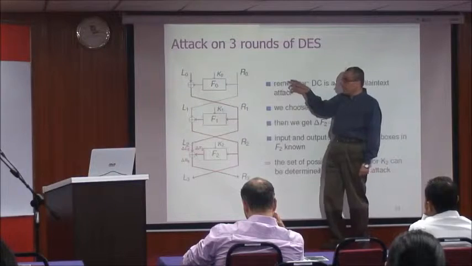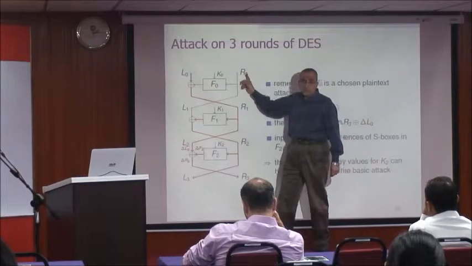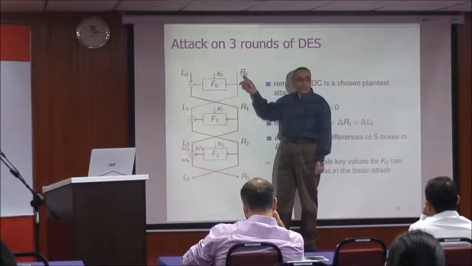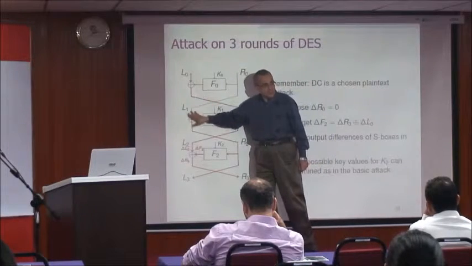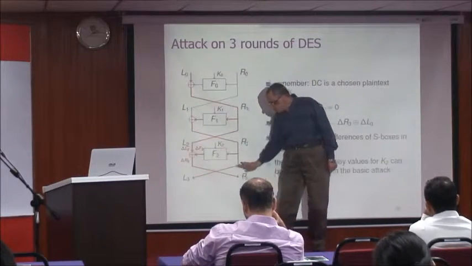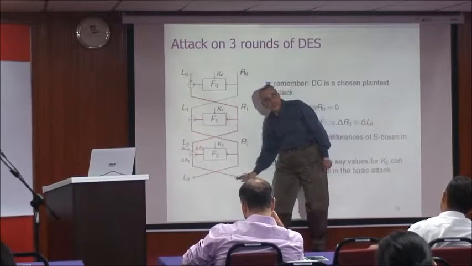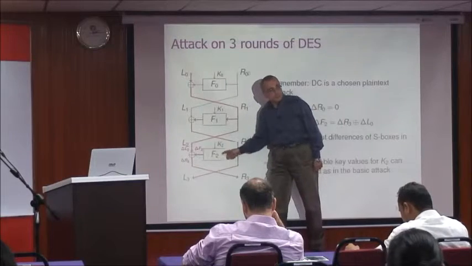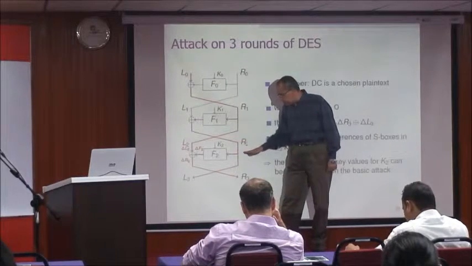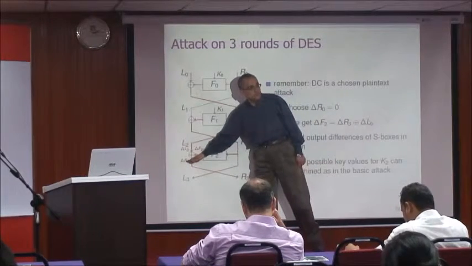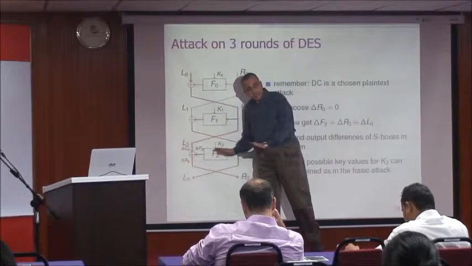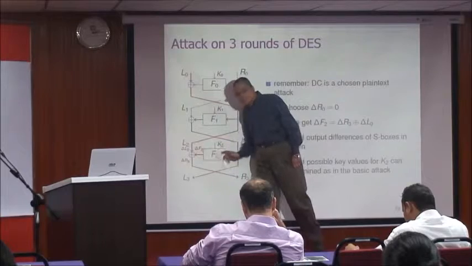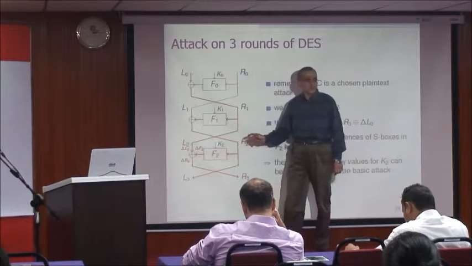The main idea again is that you choose your input difference in a clever way so that you are able to propagate the difference as many rounds as possible. And you also make use of the fact that you observe the output difference so that you can pick a substitution block where you are able to determine the input difference and the output difference. And if you know the input difference and the output difference of a substitution block, you will be able to determine the keys that control this.